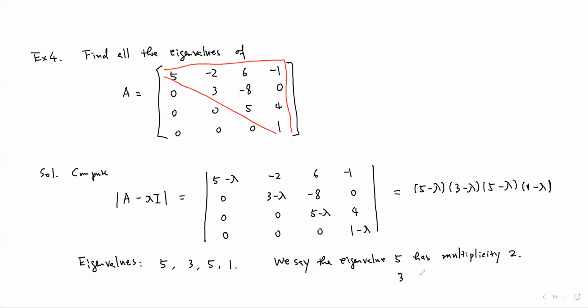Number 3 has multiplicity 1. And also eigenvalue 1 has multiplicity 1. Yeah, done. For a triangular matrix, its eigenvalues are easy to find. The eigenvalues are just the main diagonal entries for a triangular matrix.